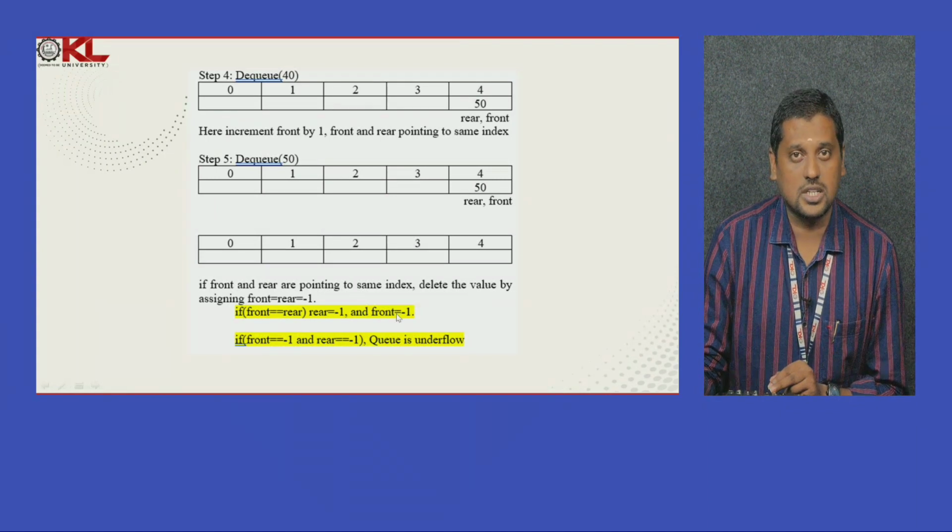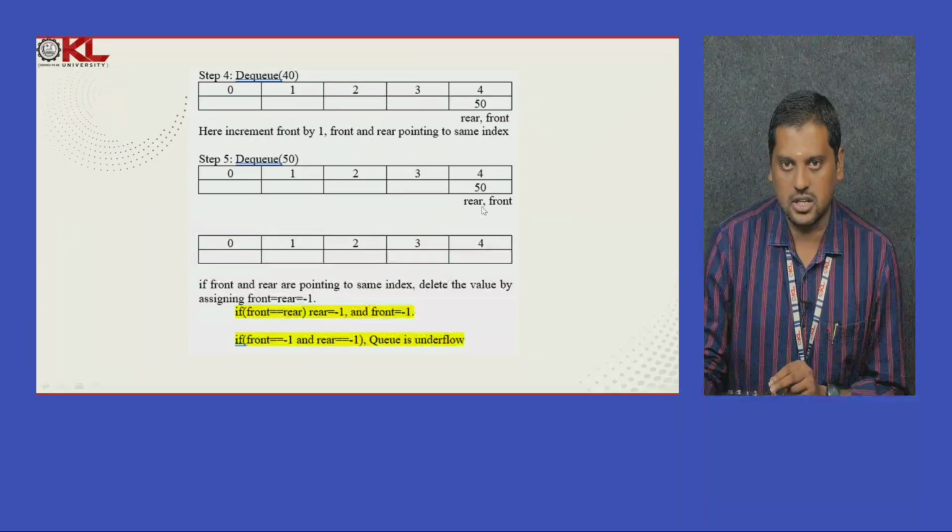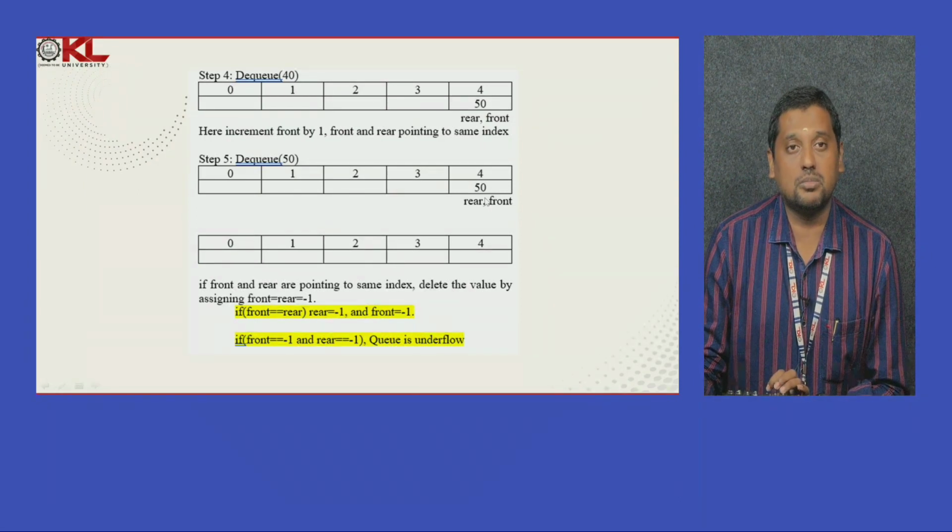As initially what I said here, if front value and rear value is -1, it means that the queue is empty. So this condition is to be checked here. When my front and rear is pointing to the same index, if we need to perform a dequeue operation, be very clear, we can assign front and rear value as -1.